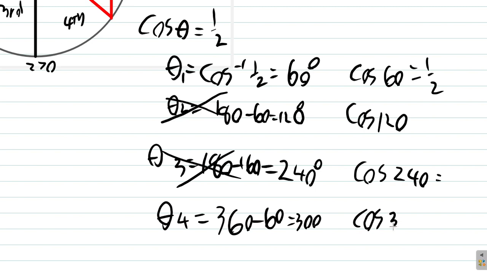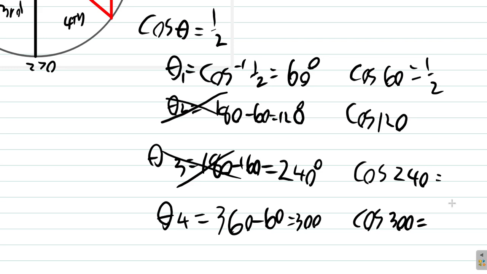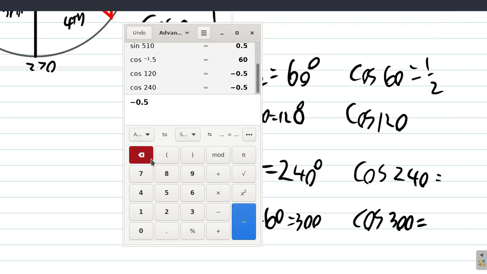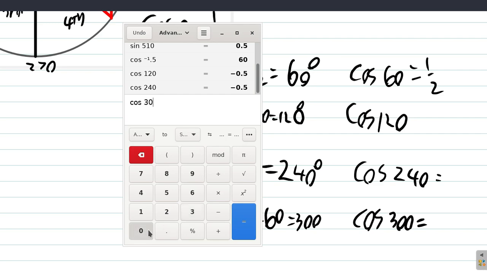Is the cosine of 300 equal to positive half? Let us see the cosine of 300. All right, cosine of 300 equals half.